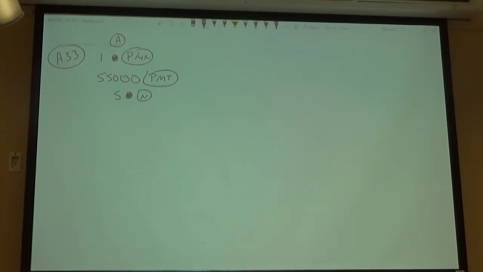Discount rate is 12%. For lease B, the lease payment is 45,000, 5 years, 12%.